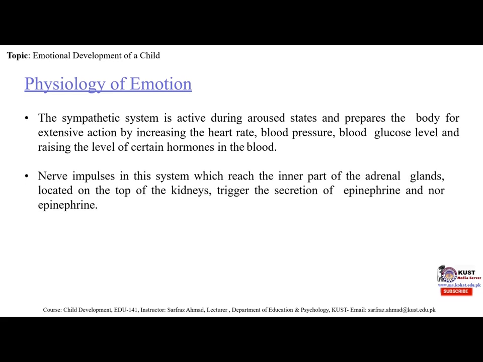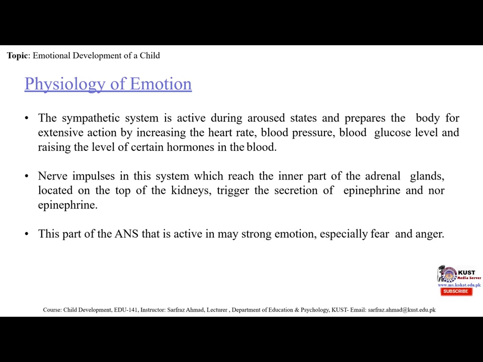Nerve impulses in this system reach the inner part of the adrenal glands located on top of the kidneys and trigger the secretion of epinephrine and norepinephrine. This part of the ANS is active during any strong emotion, especially fear and anger, because it is totally connected with fear and anger.